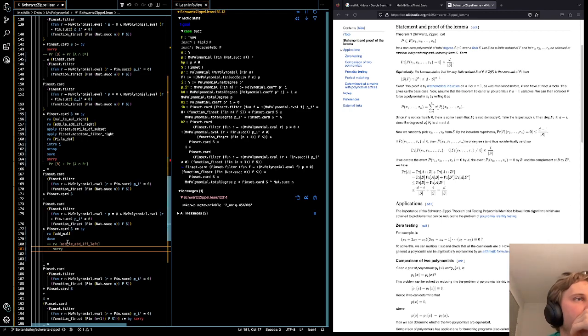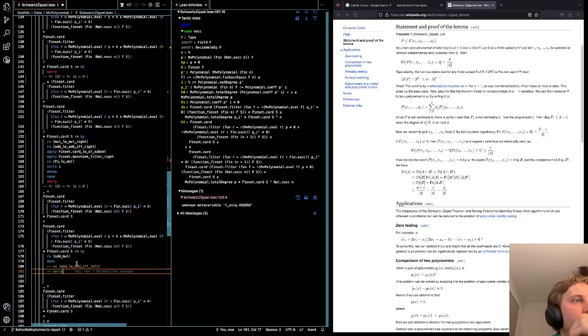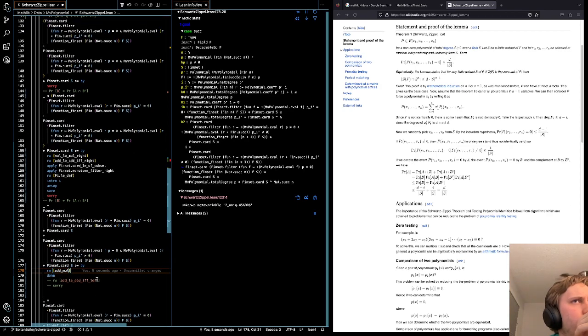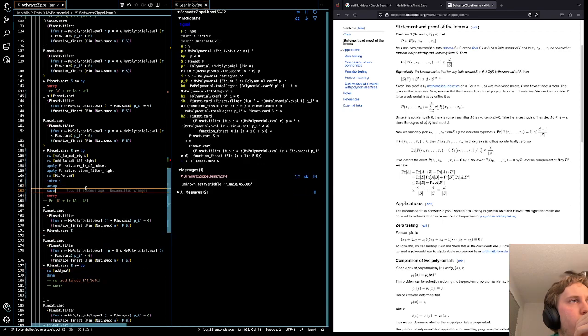And then I have to delete the sorry, of course. It's complaining of an unknown metavariable. Okay, I'm not going to save here either because I'm worried that it's throwing my stuff off.